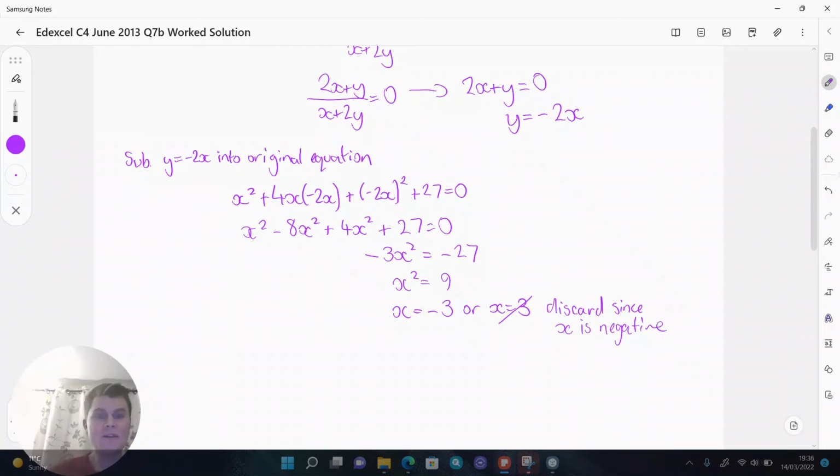And once you have that, you can just substitute that back into the equation y equals minus 2x. So therefore, x is minus 3, y is 6, and that makes point Q minus 3, 6.